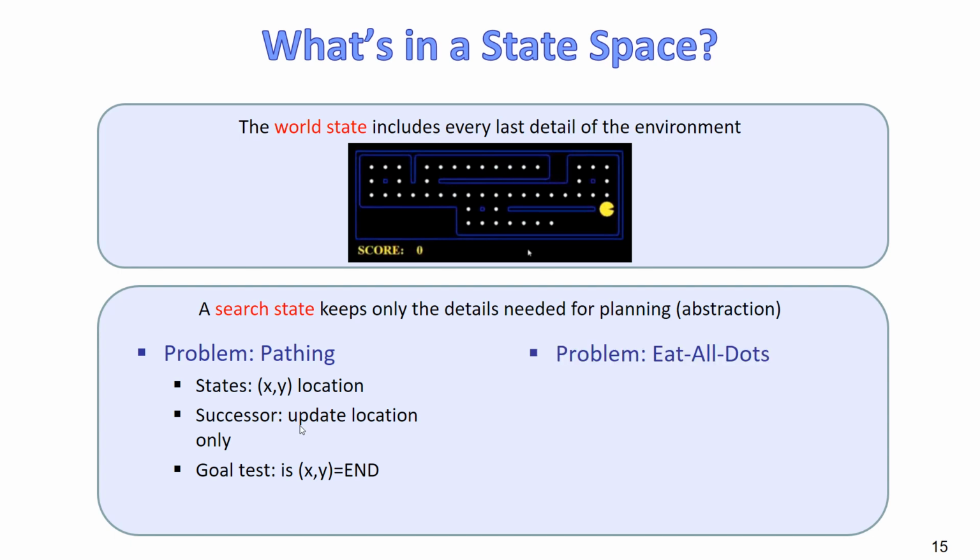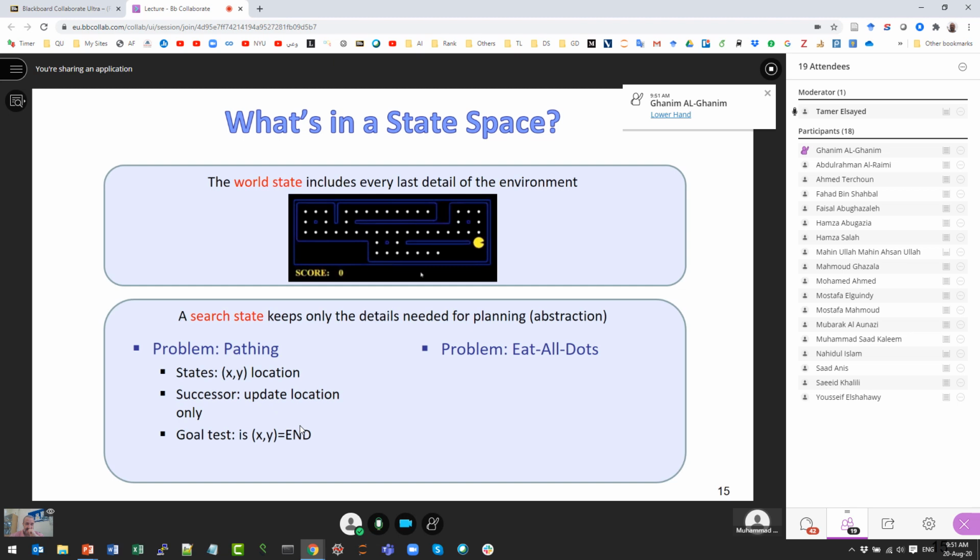Okay, so that's the pathing problem. Now, if we change the problem to be the regular Pac-Man problem, which is eat all the dots, what will be the state in this case? You mean the positions of Pac-Man and the dots?